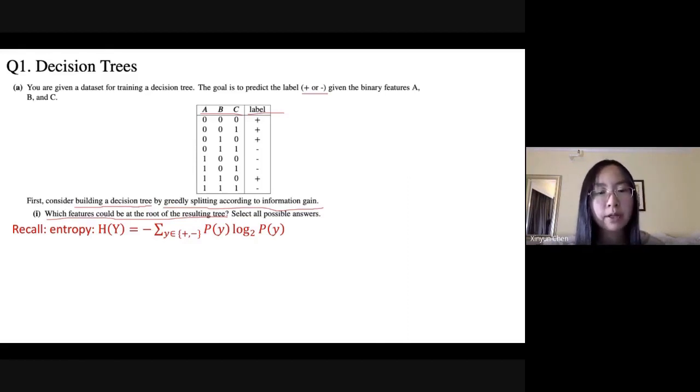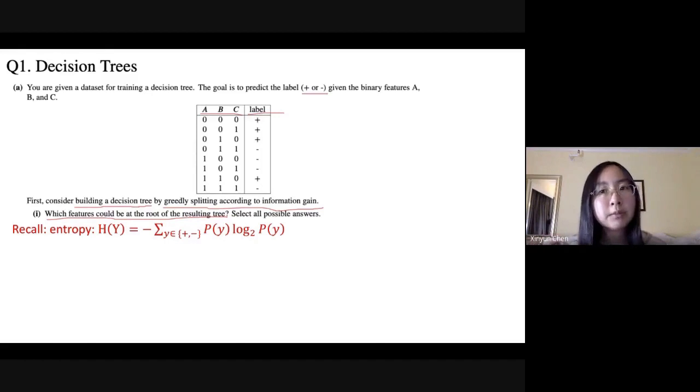For example, suppose this random variable y means the label of our data set, which could take the values of either plus or minus. Then assume that the probability of y equals plus is 1, which means that the probability of y equals minus becomes 0. Then in this case, if we compute this term, we will see that the entropy will be 0.